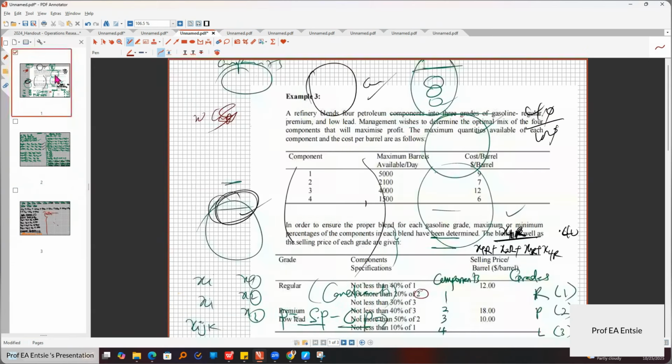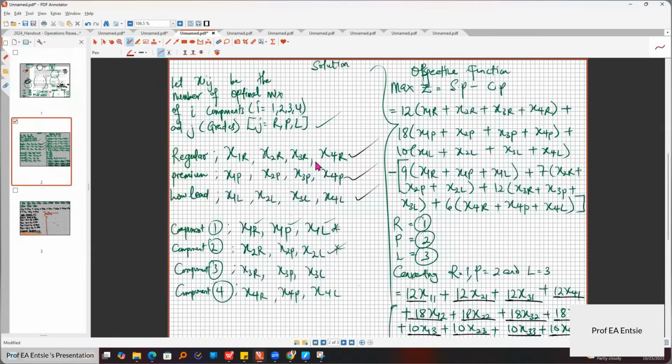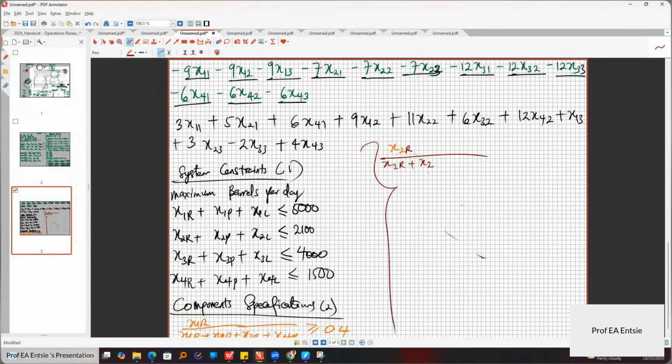So for the first one, regular should not be less than 40%. That was what you have done. So still of regular, where is the regular? This is the regular. Don't forget S1R, S2R, S3R. Don't forget the regular.